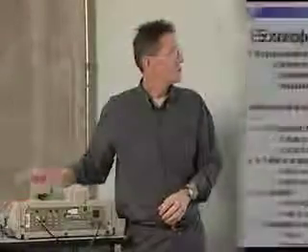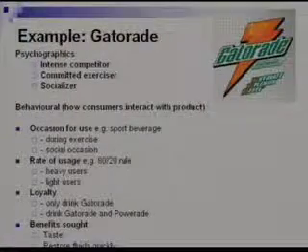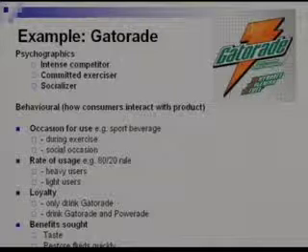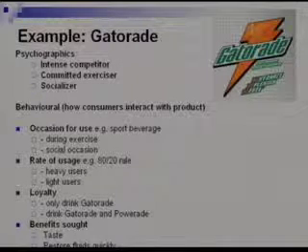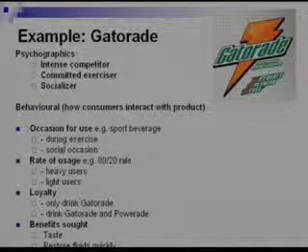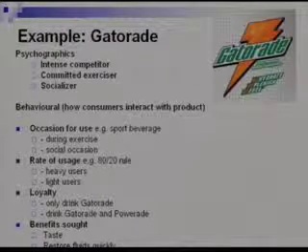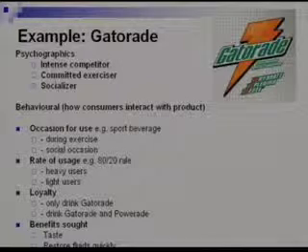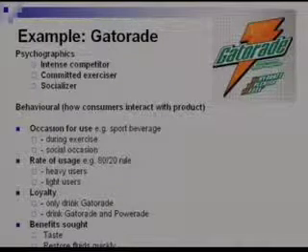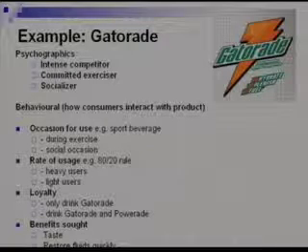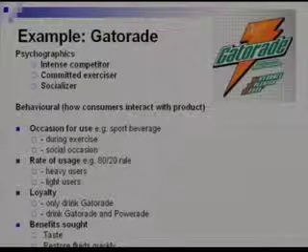Now let's turn to another example, this time looking at Gatorade and how they might divide up their market. First of all, they use a psychographic variable where they divide consumers up based on their approach towards exercise and sport, sort of how intense they are as a sports-minded person. And they have three segments, three ways of dividing it up.